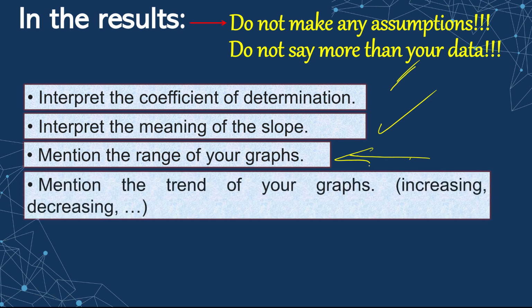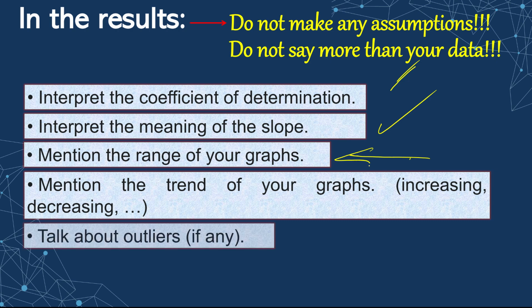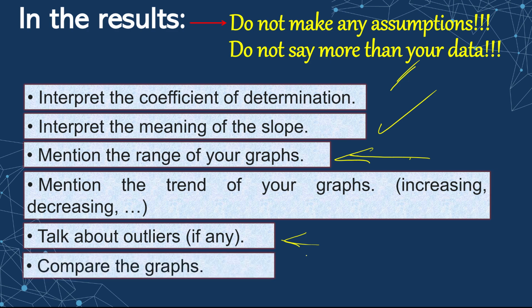Mention the trend of your graphs, increasing, decreasing, and the shape of the graph. Talk about the outliers. And finally, compare the graphs. If you have more than one graph, you should compare them. This is the outline of what you should do in this part. Okay, take notes, and then I will go to the next slide to explain them in detail one by one using examples.